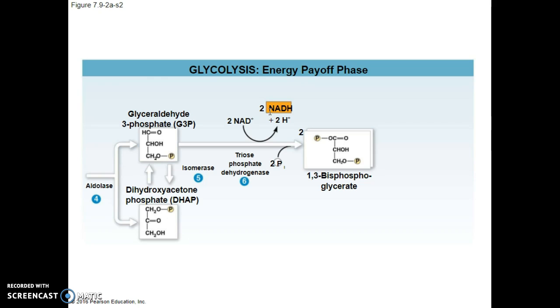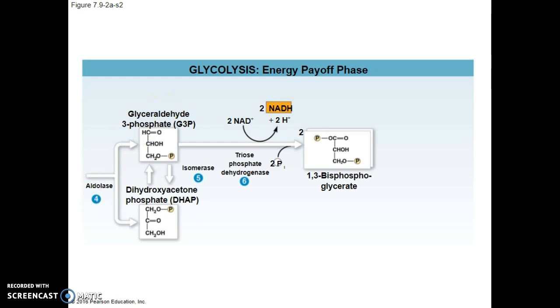After that, we're left with 1,3 biphosphoglycerate, which is a result of a donation of a phosphate group to ADP, which creates a new molecule.